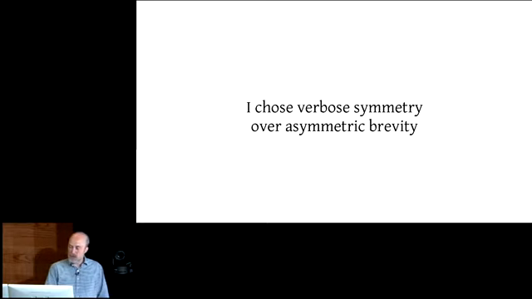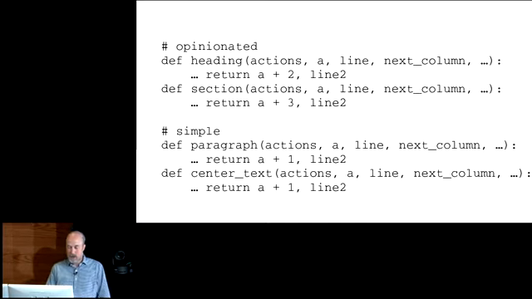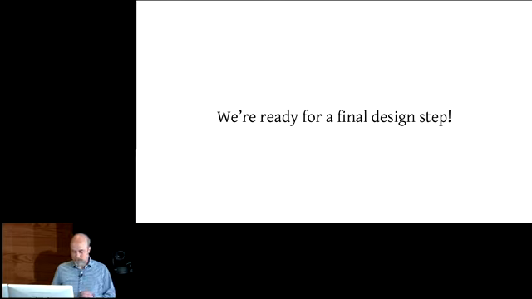I just chose verbose symmetry over asymmetric brevity, which would always have been my choice earlier in my career. As a reader, I need routines that behave the same to look the same if I have a chance of being able to maintain my own software. And so symmetry remained. I simply had all the routines follow the same API.